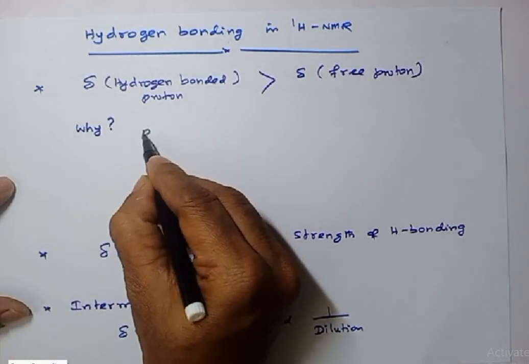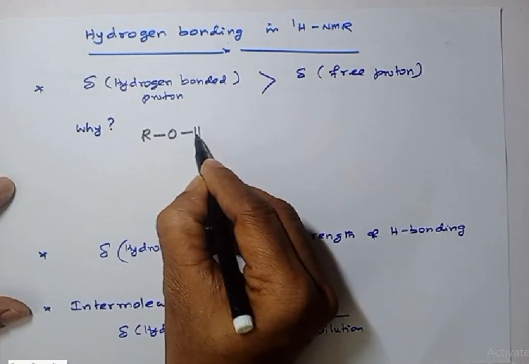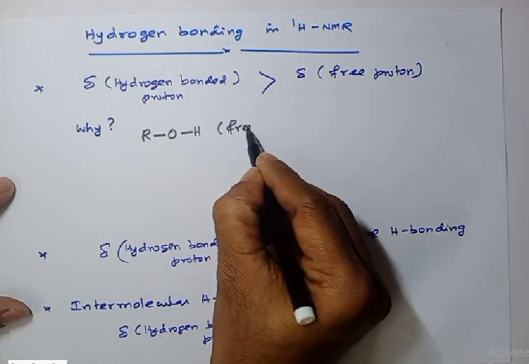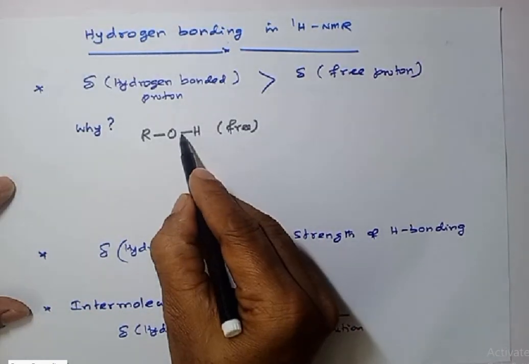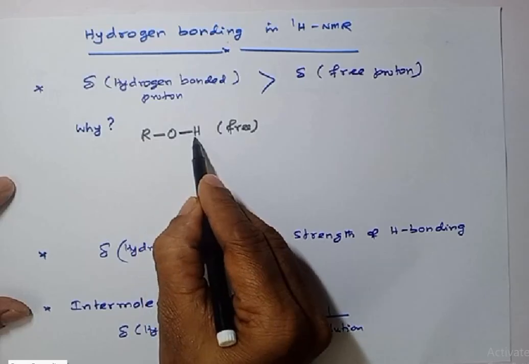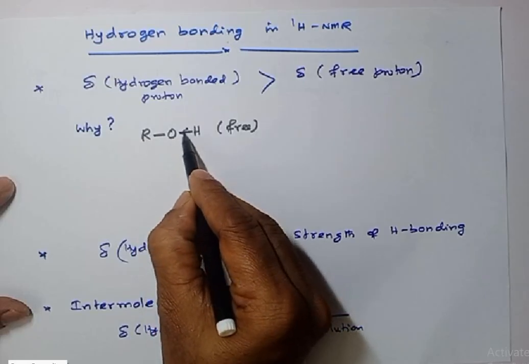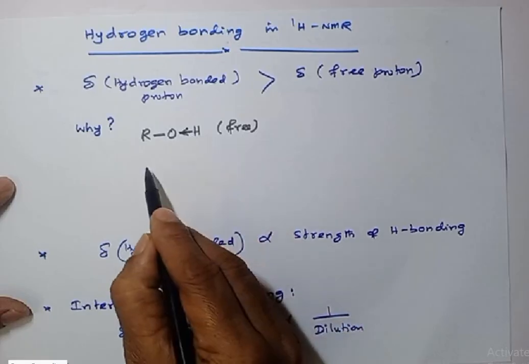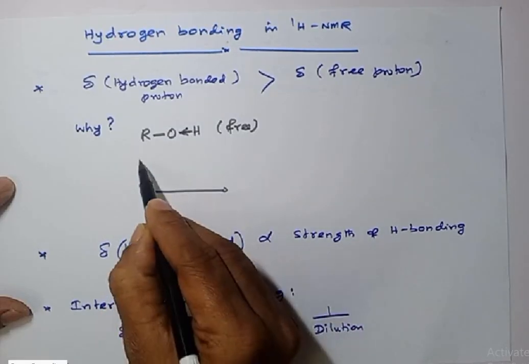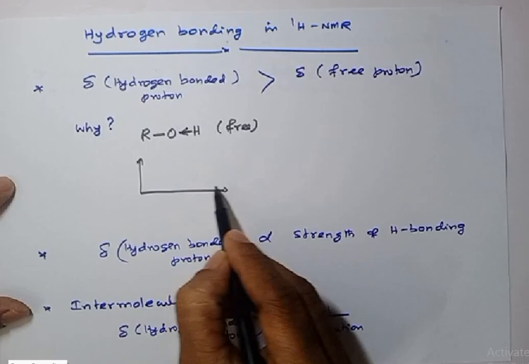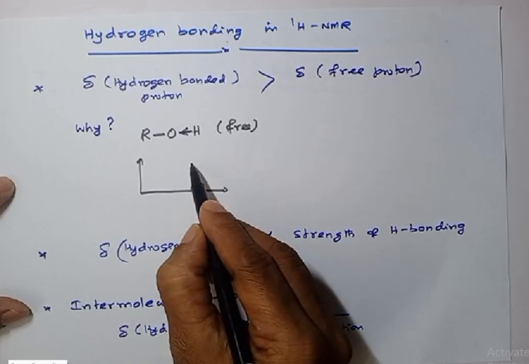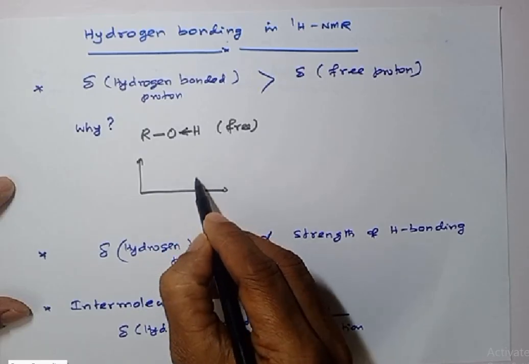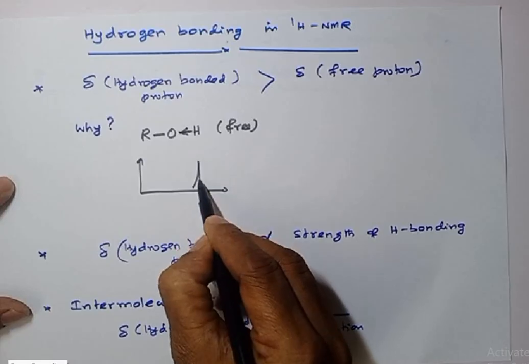Suppose I take an alcohol. Assume that it is free alcohol. In free alcohol, this hydrogen is connected to oxygen, which pulls the electron density. Therefore, this hydrogen usually appears between 1 to 4 ppm. Suppose the OH signal appears here.